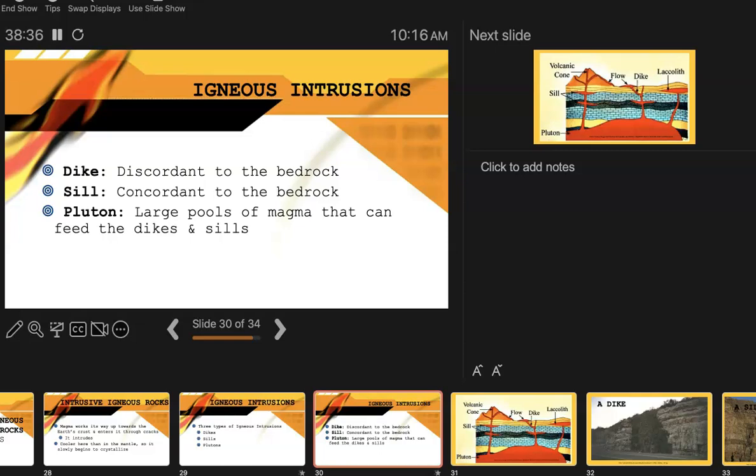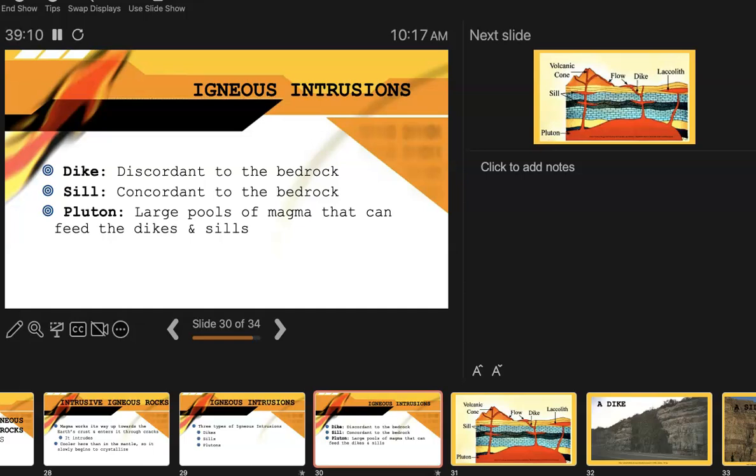Well, concordant is the opposite. Con apparently means with. I never looked that one up, but if discord is against, concordant is surely with. So, going back to our examples where I told you we're going to have horizontally layered flat rocks, and I told you that a dike would cut through perpendicularly or vertically, and a sill would be parallel or horizontal.